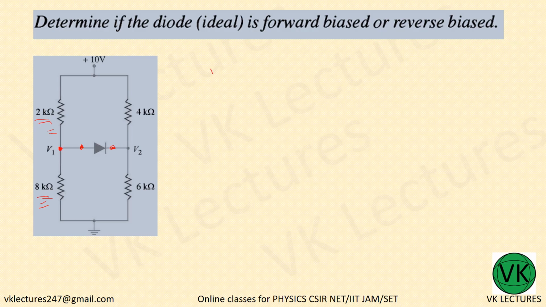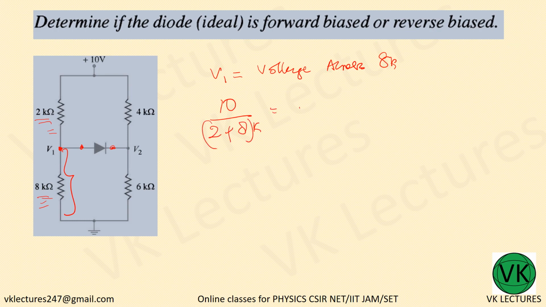At V1, V1 is nothing but the voltage across 8K. What is the current? In that, 10 volt divided by 2 plus 8K, which is nothing but 1 milliampere current.